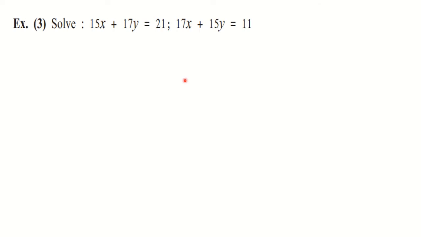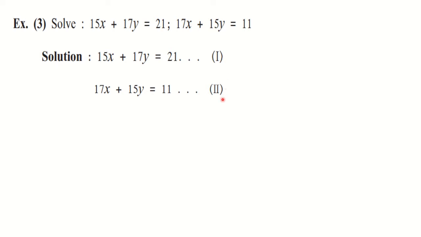Of course, before that you have to observe whether the given equations are in the standard form, that is ax plus by is equal to c. Yes, both the equations are in standard form. So the very first step is to number them: 15x plus 17y is equal to 21, equation number 1, and 17x plus 15y is equal to 11, equation number 2. The method I said is ASA: add, subtract and add.